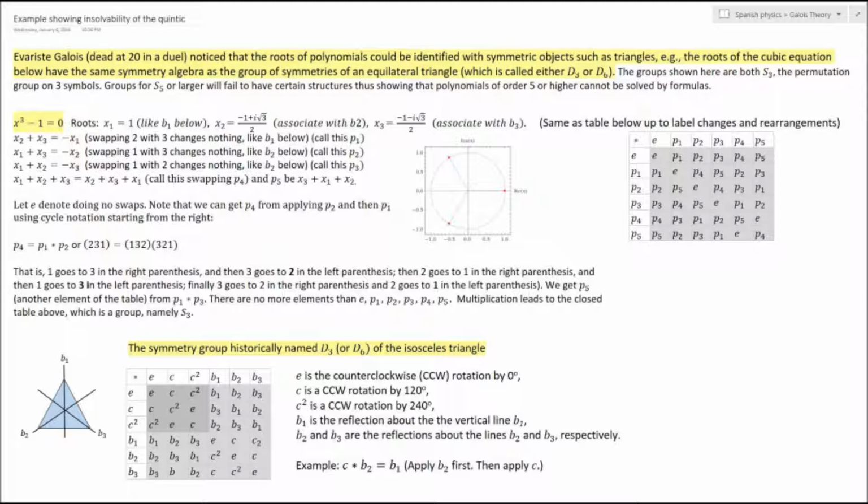Supposing I were ignorant of the table down below, and I call the first one up there, the swapping of symbols, x2 plus x3 gives me negative x1, I call that P1, and the operation that swaps 1 and 3, I call that P2, and the operation that swaps 1 and 2, I call that P3, and the operation that swaps the order 1, 2, 3 down below with 2, 3, 1, I call that P4, or 1, 2, 3 with the operation that swaps it to 3, 1, 2, if I call that P5, and I add in the operation that does nothing to the roots, no swapping of the symbols, I'd obtain the table on the right-hand side.